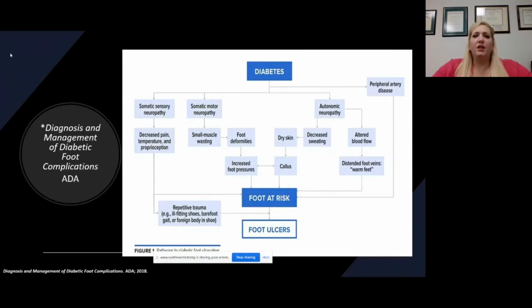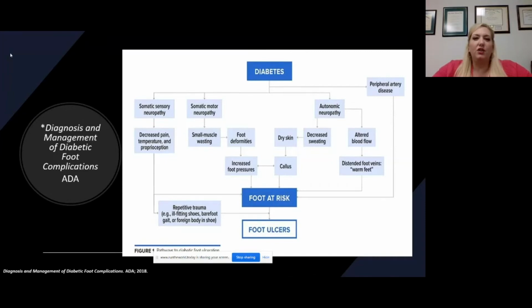So, we know a lot about that sensory neuropathy, but we don't really pay as much attention, I guess, to somatic motor neuropathy. So the small little nerves in the feet that innervate the muscles also can waste and be dysfunctional with long-standing or non-controlled diabetes. And what will occur then is those small muscles will waste.